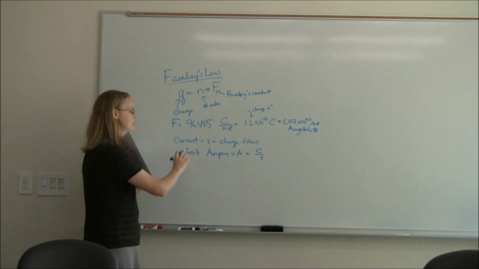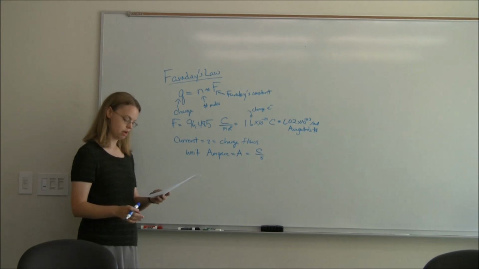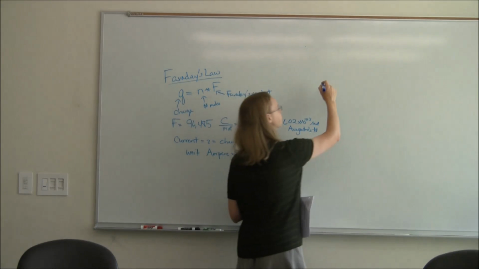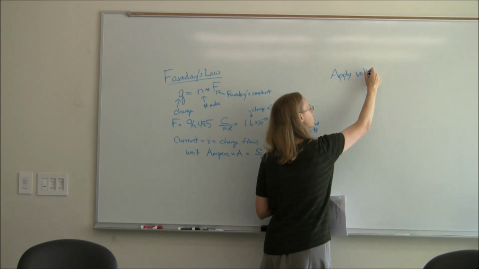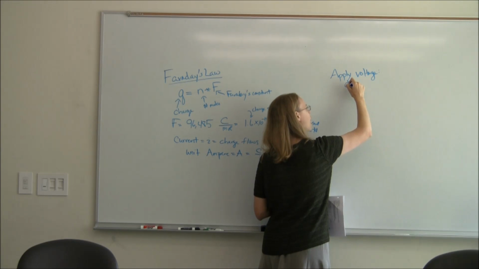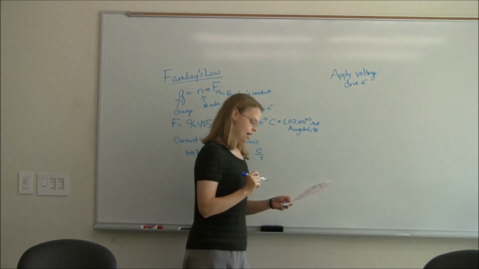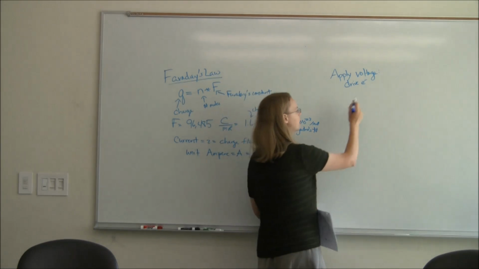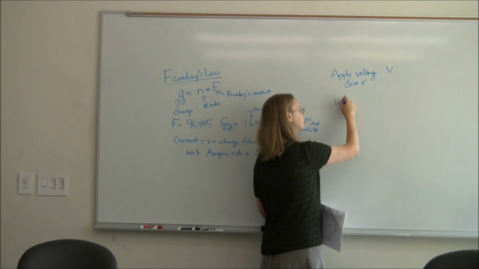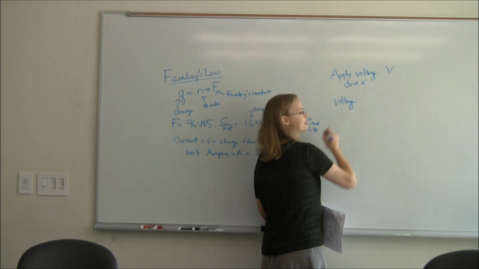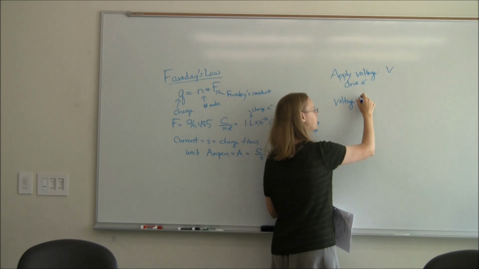And so the question is, how do we get stuff to flow? How do we get current to flow in our system? Well, the answer is that we apply voltage. So we apply a voltage to drive electrons, to drive our current flow. And voltage is V. My favorite definition of voltage, which may or may not be the one that you learned in physics class, is work done to separate charge.